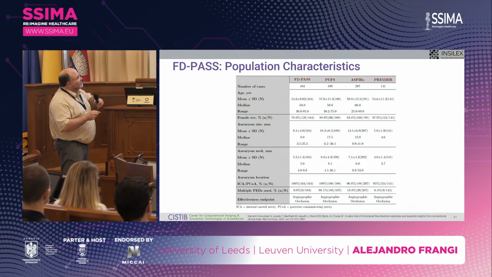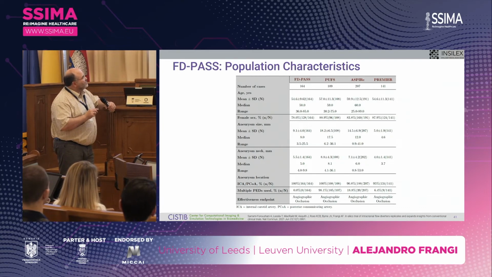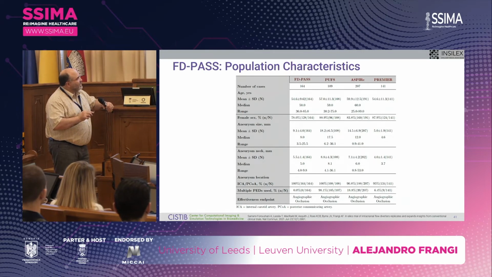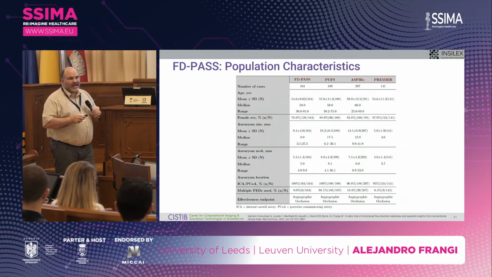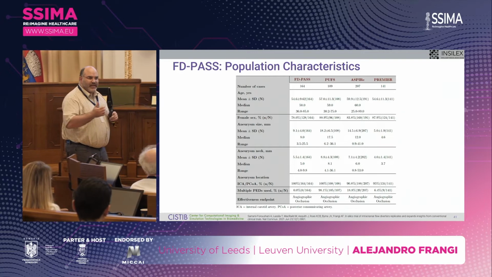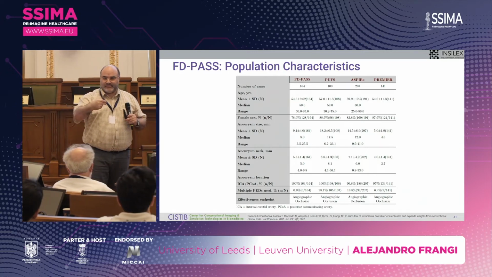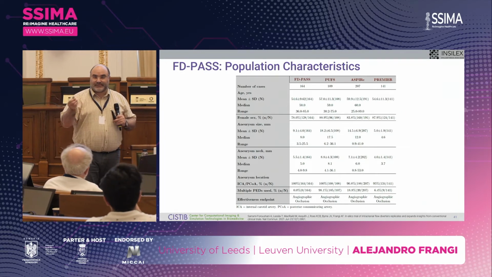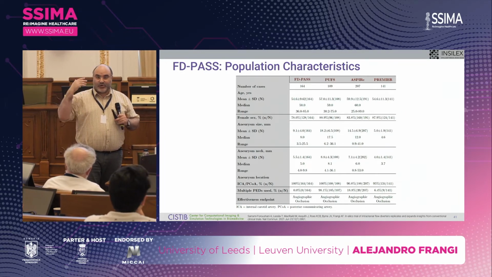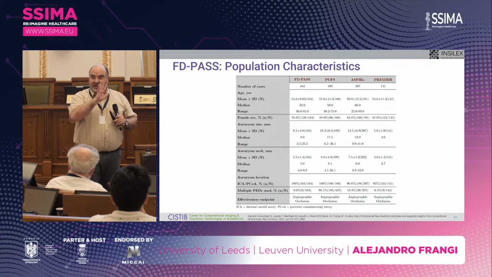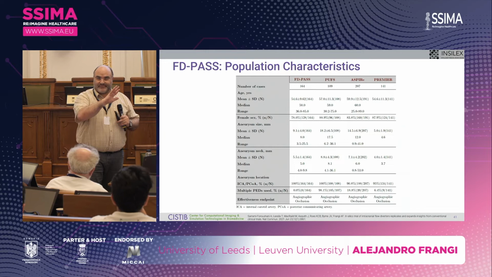The other thing that is important to look at is what was the metric of effectiveness that they used. All of these studies use angiographic occlusion as a metric of success. What does it mean? After you put the device, you do a contrast injection, a substance that is radiopaque, and you look at what happens. If there is no blood coming into the aneurysm, you shouldn't see the aneurysm because contrast doesn't get in.